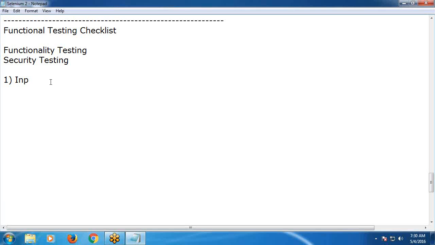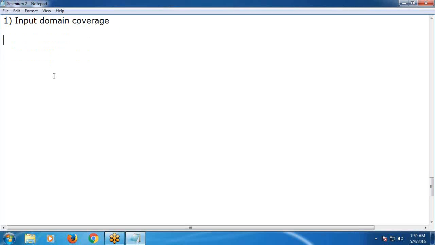See, first, input domain coverage. One of the important areas in functional testing, input domain coverage. What is input domain coverage?